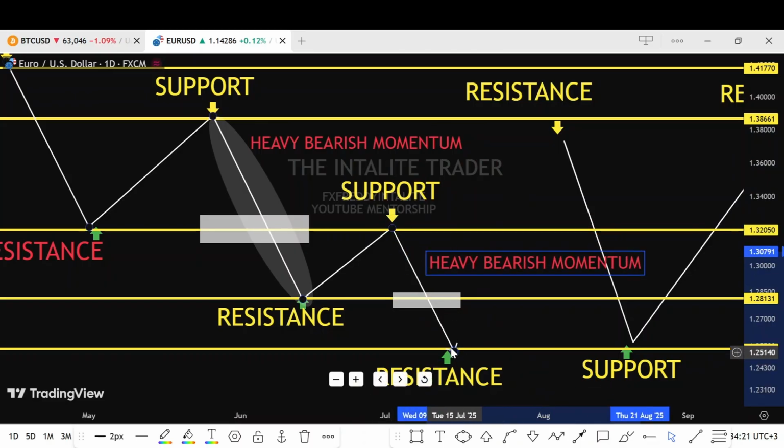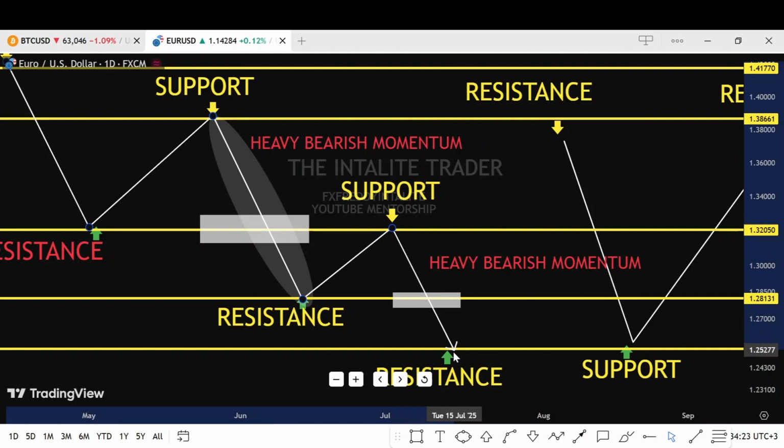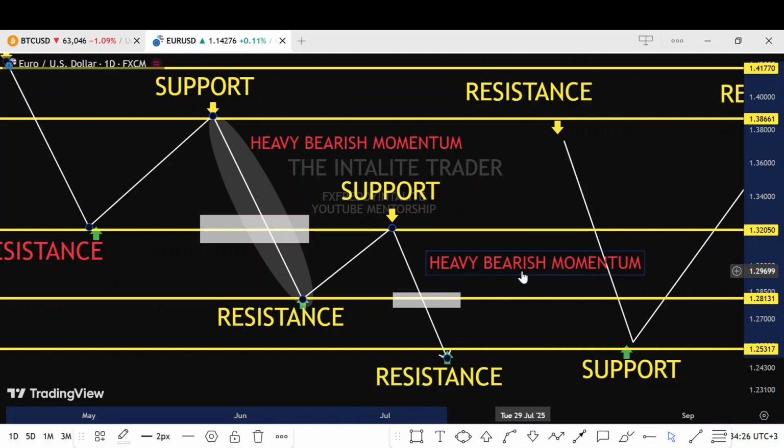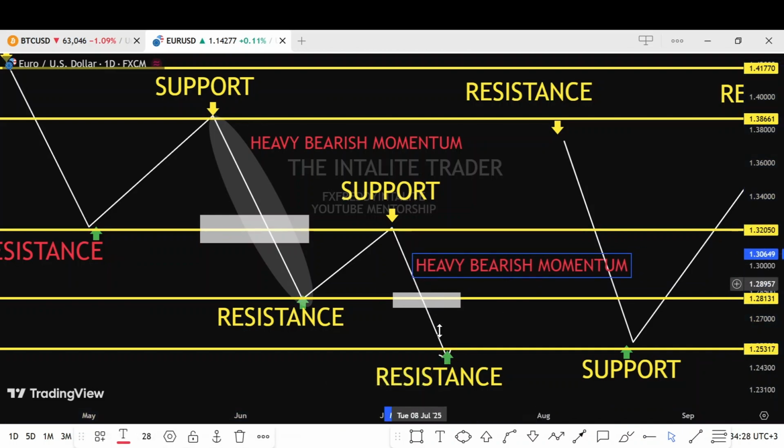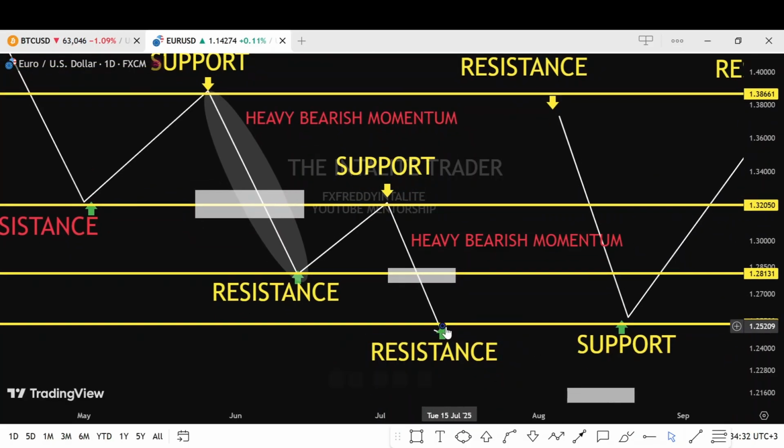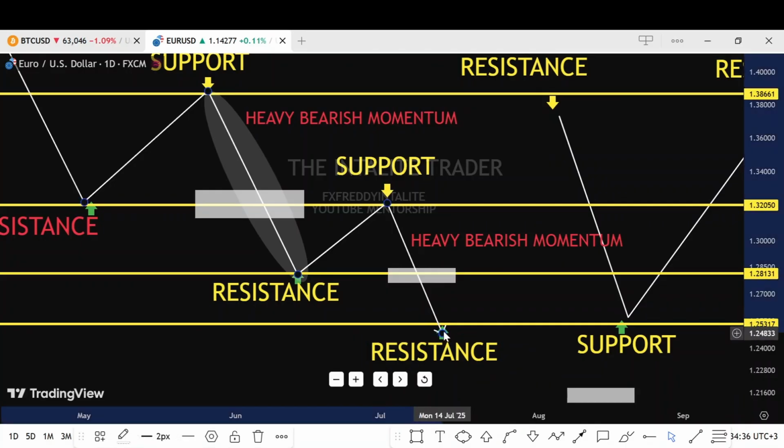So it tells us that there is a strong selling presence in the market. That's why price is breaking these lows. So it again comes and finds rest at this point because we would expect this price to continue lower and lower. So this we call a resistance.